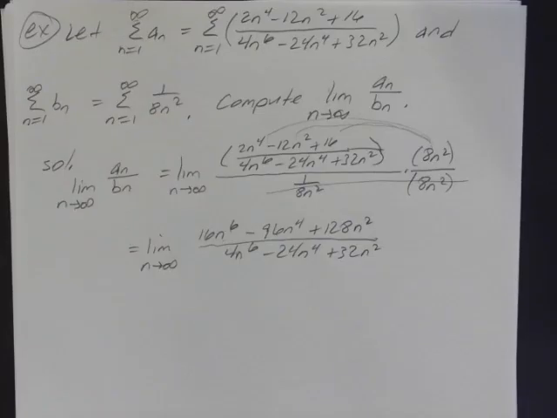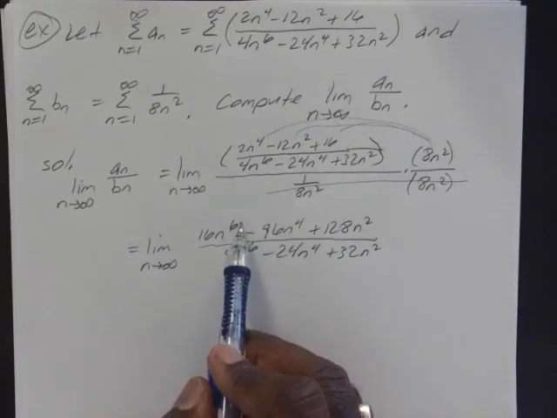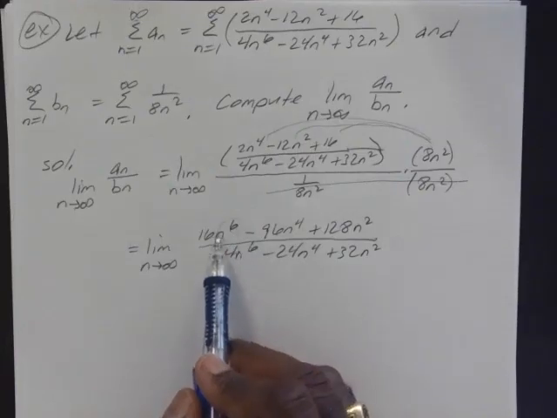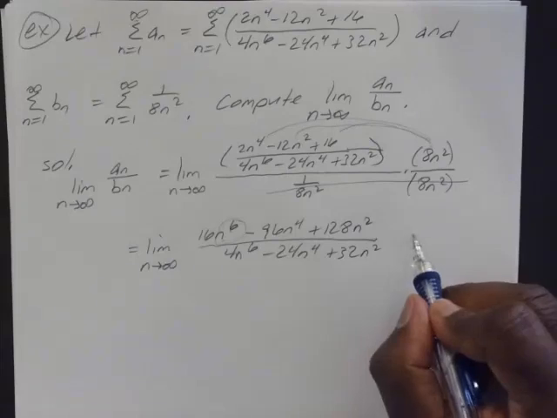So to simplify this even more, we find the term with the largest variable exponent, which is n to the sixth power. So we divide each term by n to the sixth power.